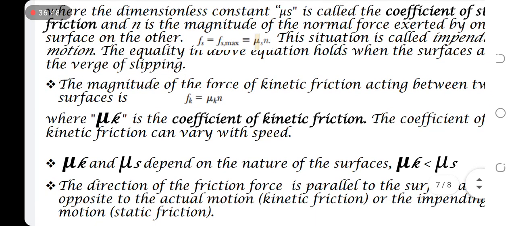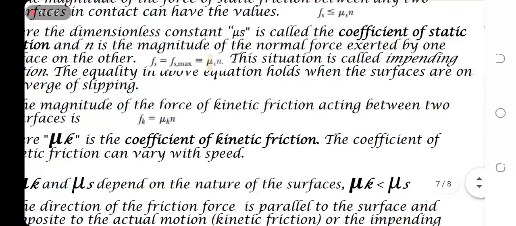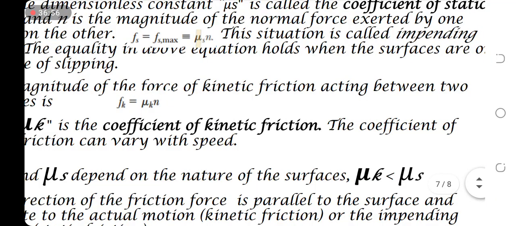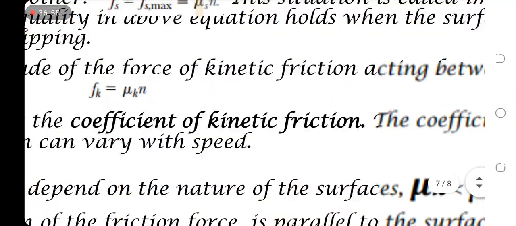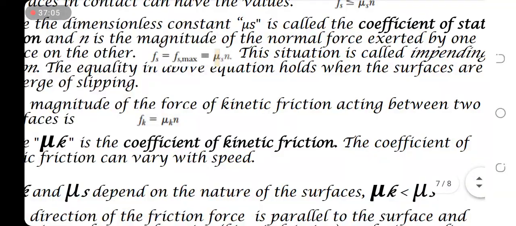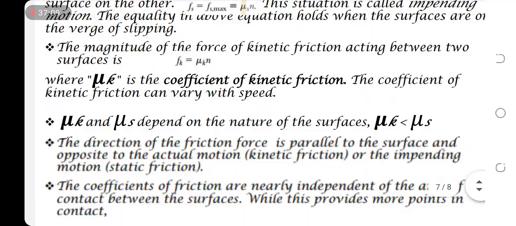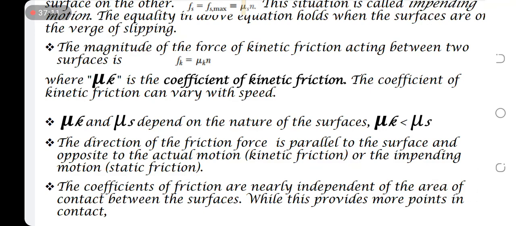The magnitude of the force of kinetic friction acting on the two surfaces can be mathematically written as Fk equals mu k times n. Here mu k is the coefficient of kinetic friction.